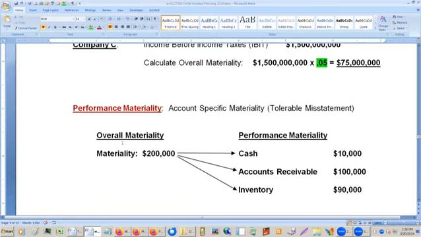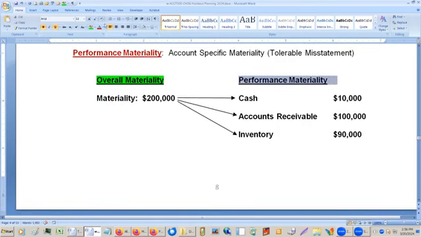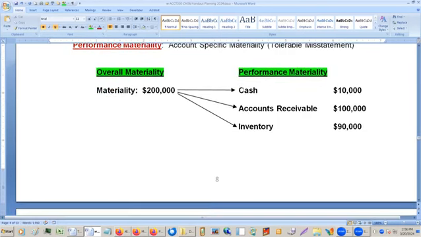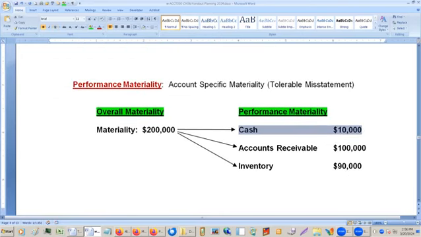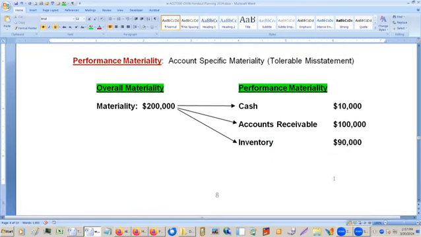So what we've done is take this overall materiality and split it up into the performance materiality. If you're doing the cash account, your materiality is going to be 10,000. For accounts receivable, it's going to be 100,000, and for inventory, 90,000. So you will know what is material and what's not for each of those accounts. It's splitting up the overall materiality into what they call performance materiality.